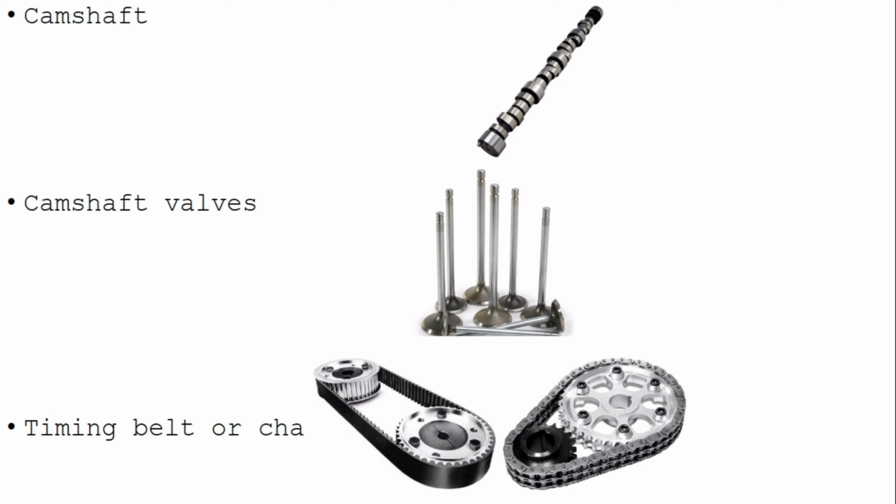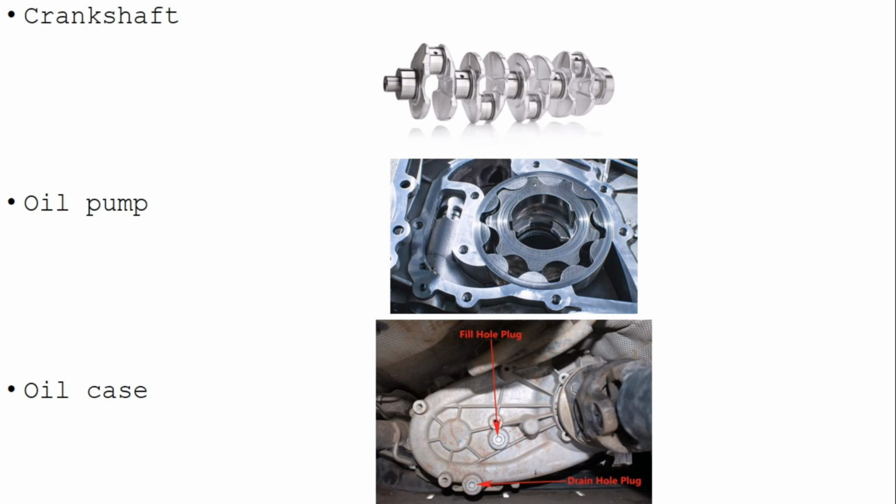The valve also that I said, we have two types of valve: exhaust valve and manifold valve. In another slide I will show you the photo of the crankshaft. Then I have the oil pump, which pressurizes the oil through the engine.